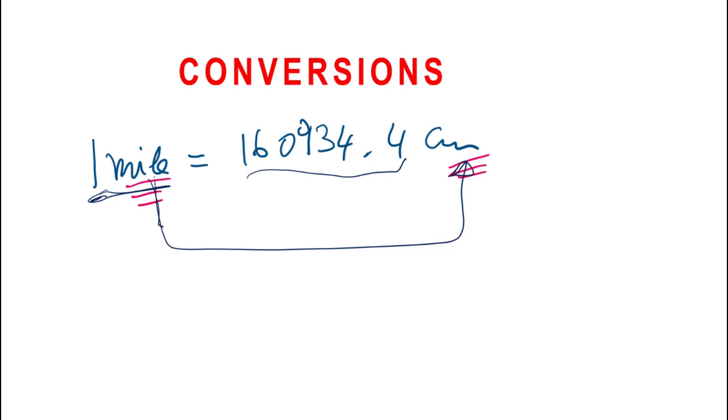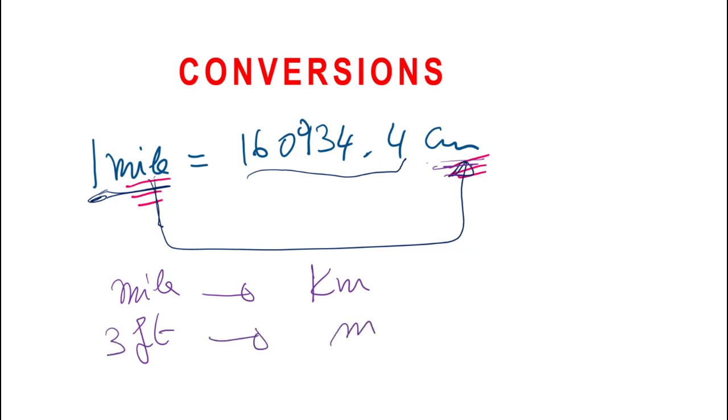So internationally, when we talk about miles in the US and we want to convert to international, we go to kilometers instead of centimeters. If you have miles, you need to look for kilometers. If you have feet, let's say 3 feet or more, you go to meters. If you have inches, you go to centimeters.